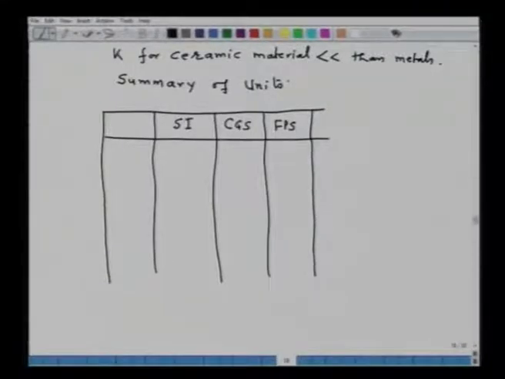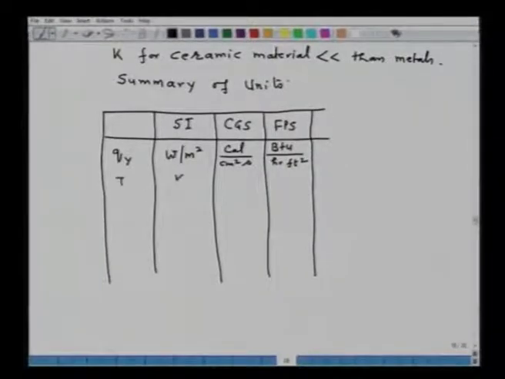So, q_y in SI units is watt per meter square, calorie per centimeter square per second, and in FPS system, BTU per hour feet square.